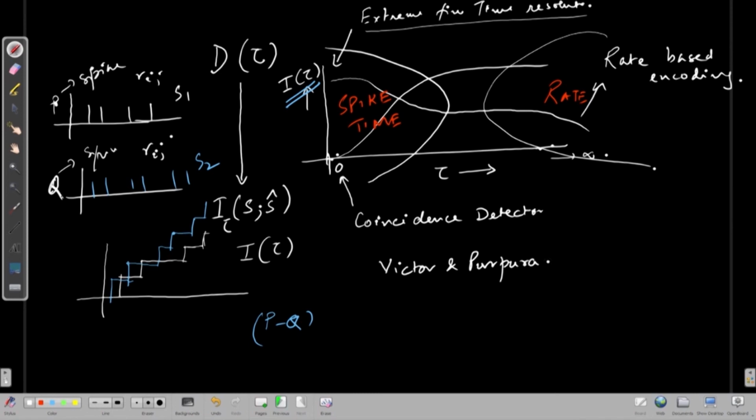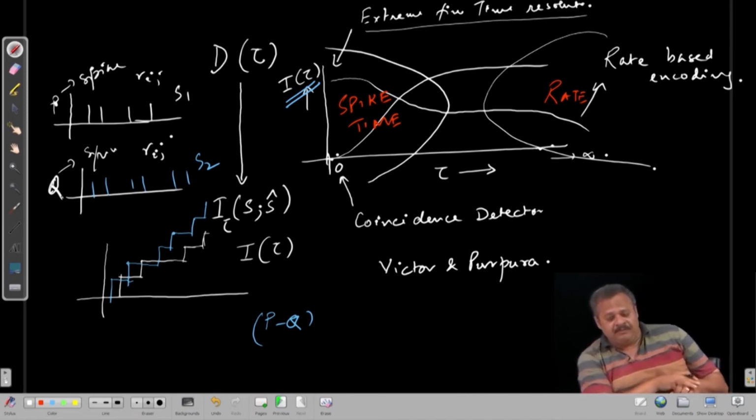It is essentially a way by which we convert one spike train to the other spike train, by shifting spikes or adding or deleting spikes, and there is a cost associated with the shifting of spikes or adding and deleting spikes, and that cost is basically like the tau here, or 1 over the cost becomes the tau.